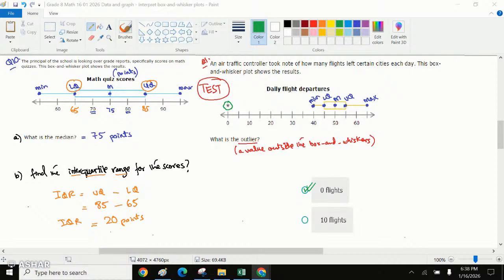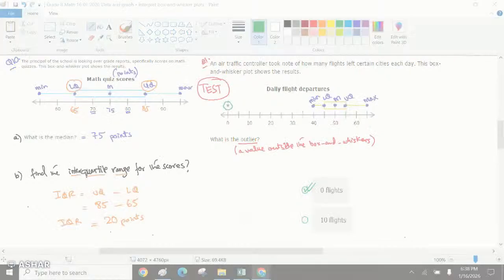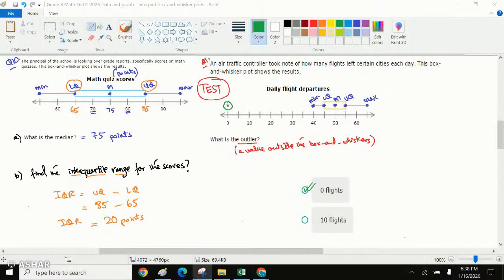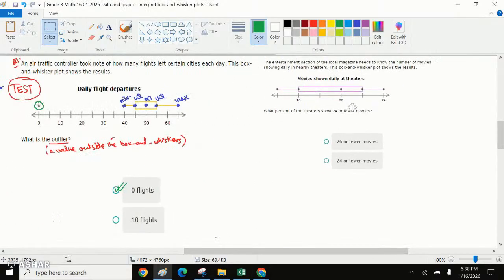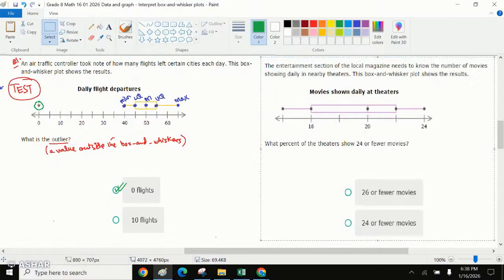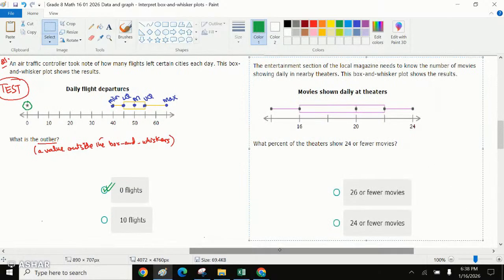So the next question for us is from the entertainment section of a movie magazine. Okay, let's try question number 2. In question number 2, the information is given as a box and whiskers.